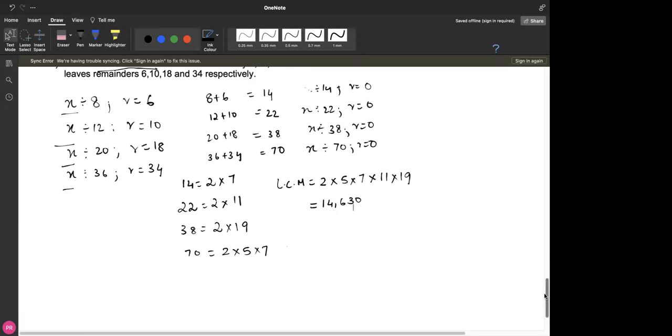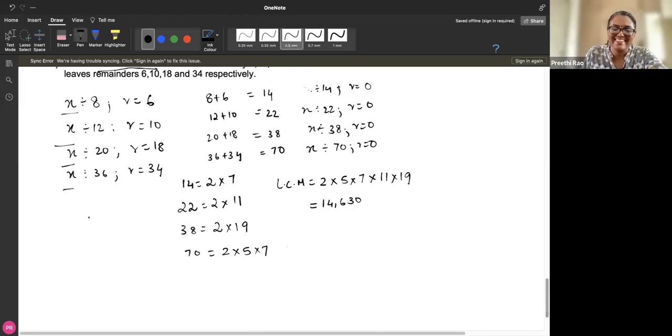Ma'am, for the 8 plus 6 equal to 14 part, I'm not sure. Let's check that again. Does this logic hold? Let's say I have the number 19 and I'm dividing it by 5. 5 threes are 15. The remainder is 4.